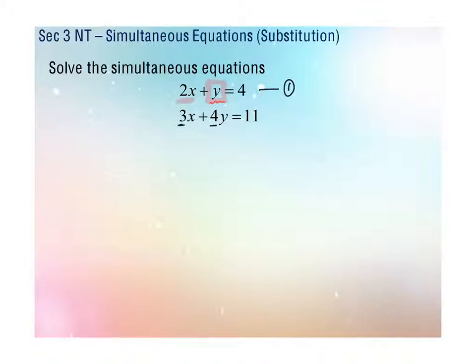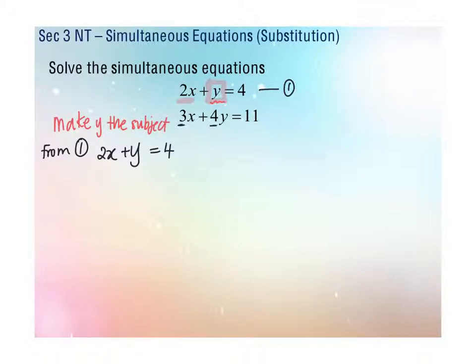From equation 1, we have 2x plus y equals 4. What are we going to do now? We are going to make y the subject, meaning y needs to be in front.